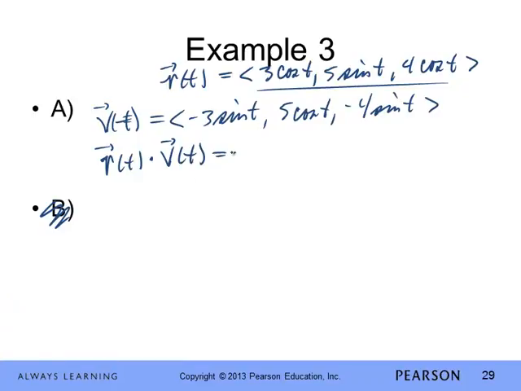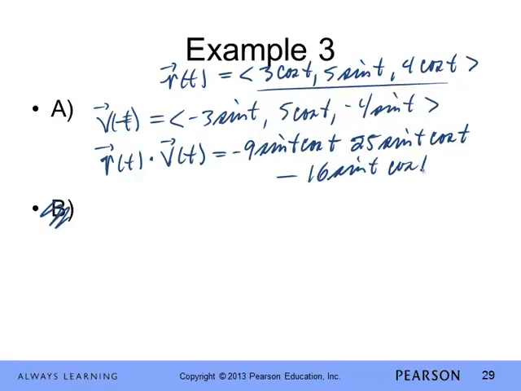We have negative 9 sine t cosine t plus 5 sine t times 5 cosine t, so you got 25 sine t cosine t. And then we have minus 16 sine t cosine t. So you got negative 9 plus 25 minus 16 sine t cosine t, which is 0. Because r dot v is equal to 0, the answer is yes, this object moves on a sphere.